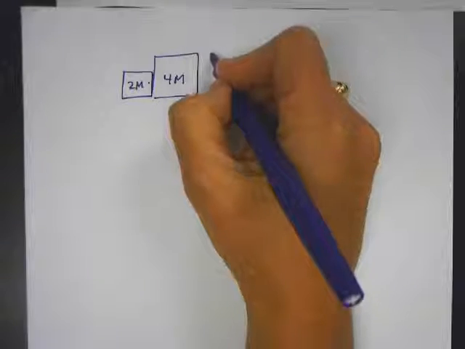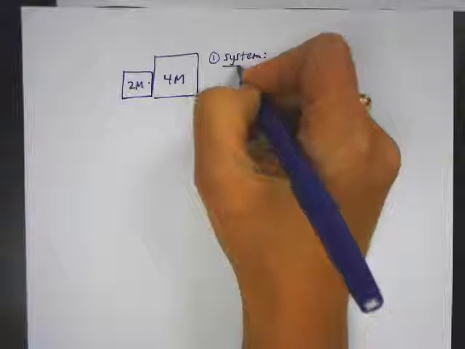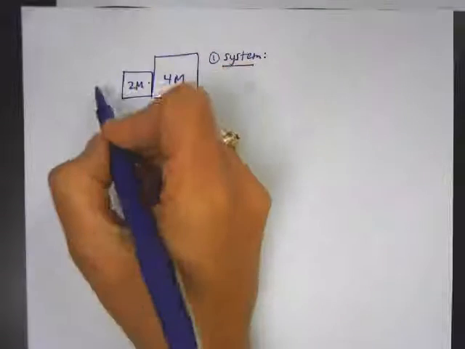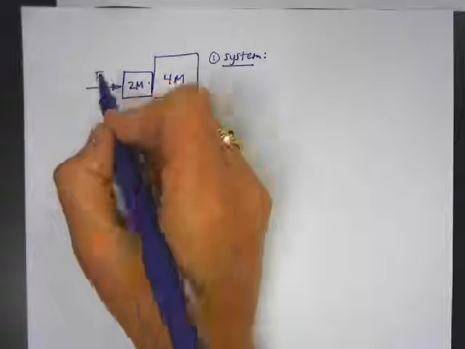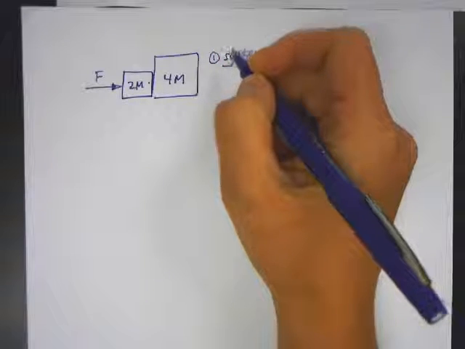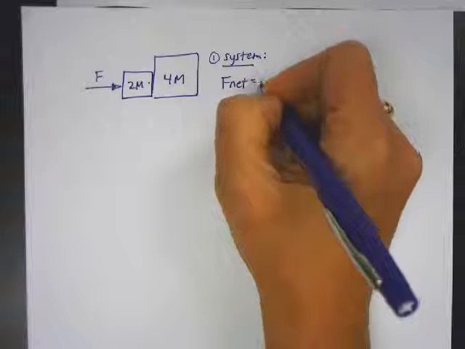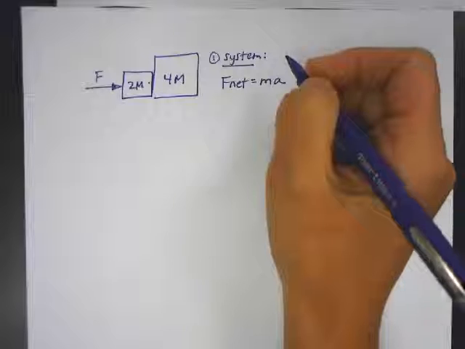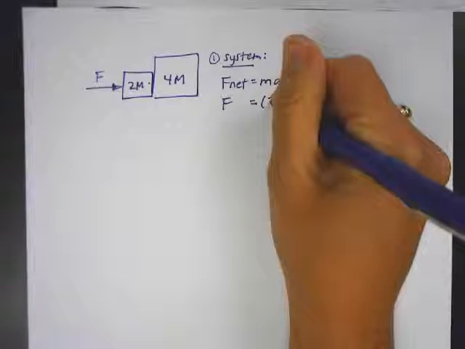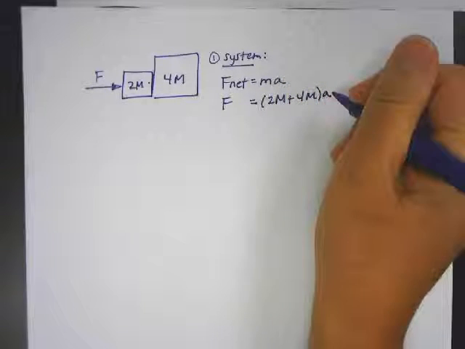So what you do first is you do it as a system. And why are we doing it as a system? Because we want to find the acceleration. These two are moving together because there's this applied force here. So first I apply Newton's second law and say F net is equal to ma. The net force, F, is equal to the combined mass, 2m plus 4m, times the acceleration.